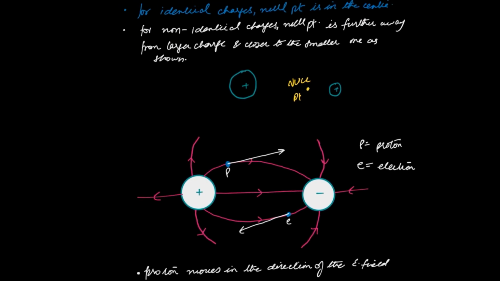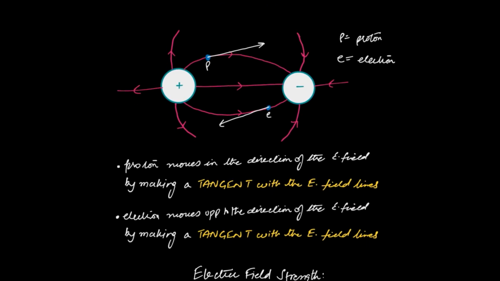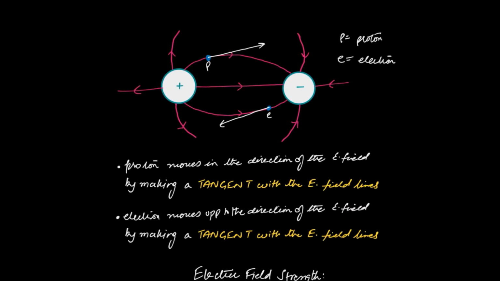So moving on, this is another diagram of an electric field. It is similar to the diagram of the positive and negative charges, where the electric field lines go away from the positive and towards the negative charge. When a proton is placed in the electric field, the proton moves in the direction of the electric field.